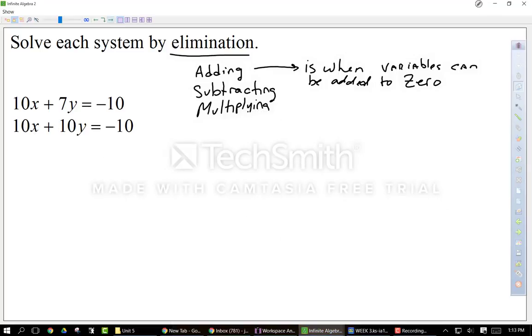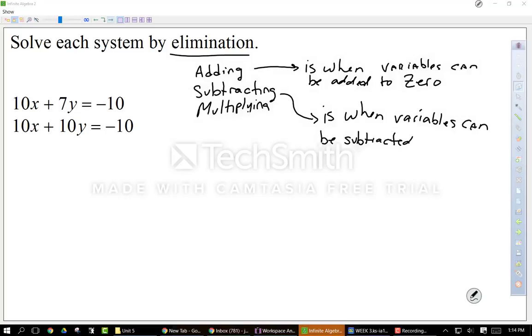In this example, if you notice, on the last one we did addition. On this particular one we're going to do subtraction. This is the same thing, but it's when the variable can be subtracted to 0. If I look at my x's here, they're both the same. If I were to add them, that would actually give me 20x, and I don't want 20, I want to get a 0.